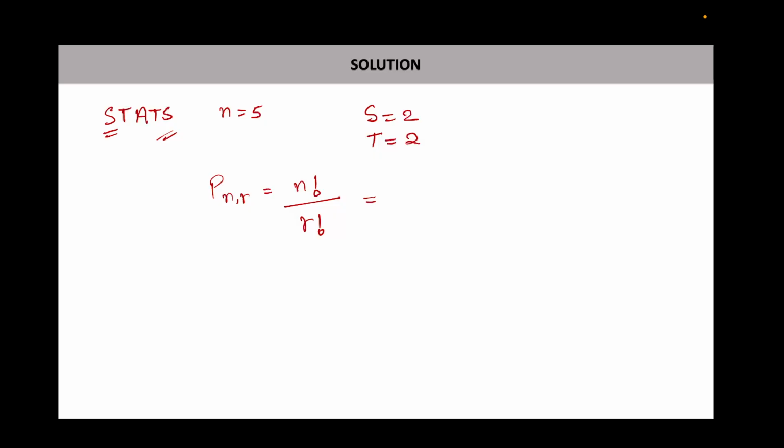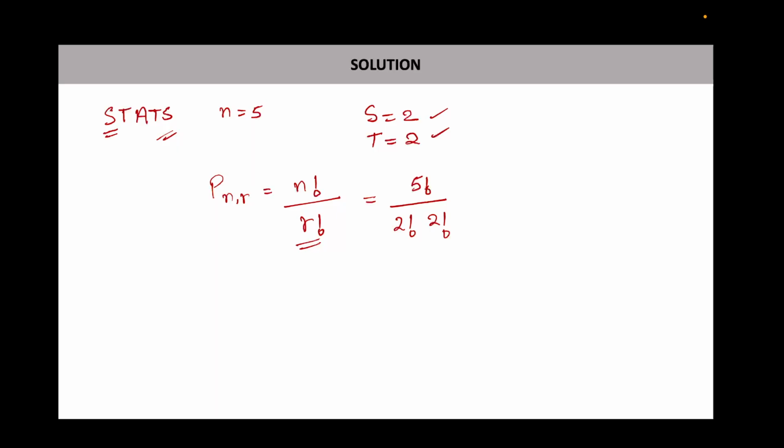Your n value is 5 factorial, and your r here will be the number of repetitions happening. Here there are two types of repetitions, which are two in number. So your r factorial here will be 2 factorial into 2 factorial.